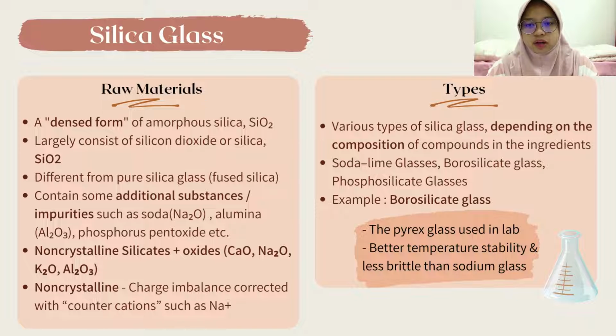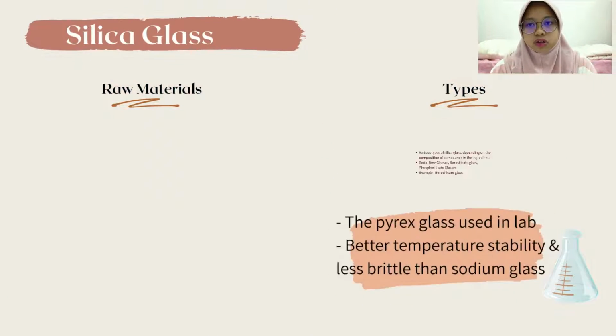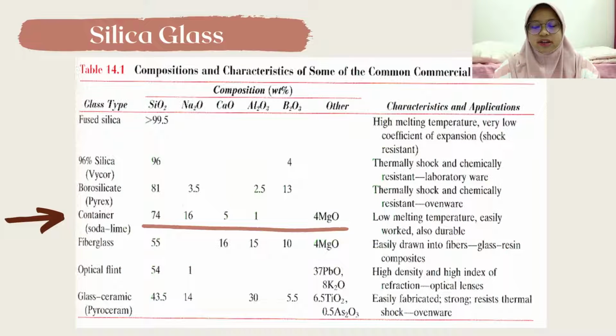So some of the types of silica glass are soda lime glasses, borosilicate glass, phosphosilicate glass, and others. For example, borosilicate glass is the Pyrex glass that we use in the lab. Pyrex glass has better temperature stability and it is less brittle than sodium glass. Now, let's look at the types of silica glass and their composition.